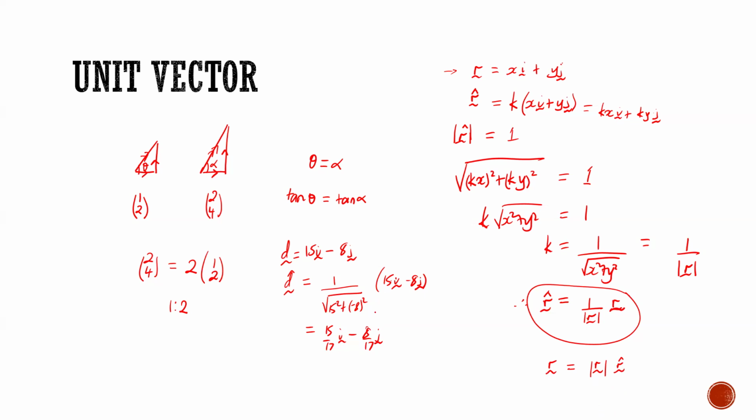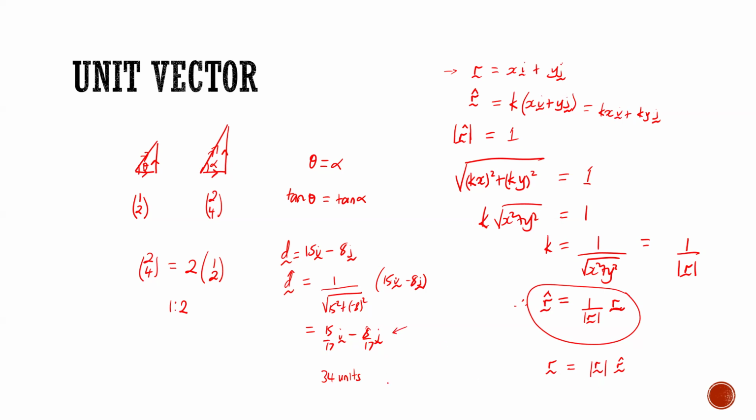And so we know that parallel vectors have the same unit vector, since the unit vector is unique to a certain set of parallel vectors. So if we have a vector whose magnitude is 34 units, that's parallel to d, that means that vector will have the same unit vector as d. And so its unit vector will also be this 15 out of 17i minus 8 out of 17j.